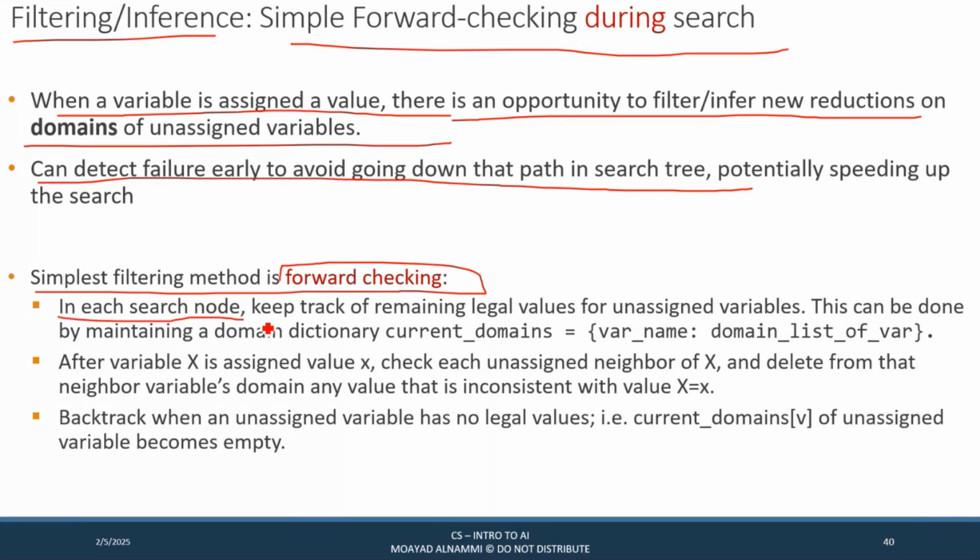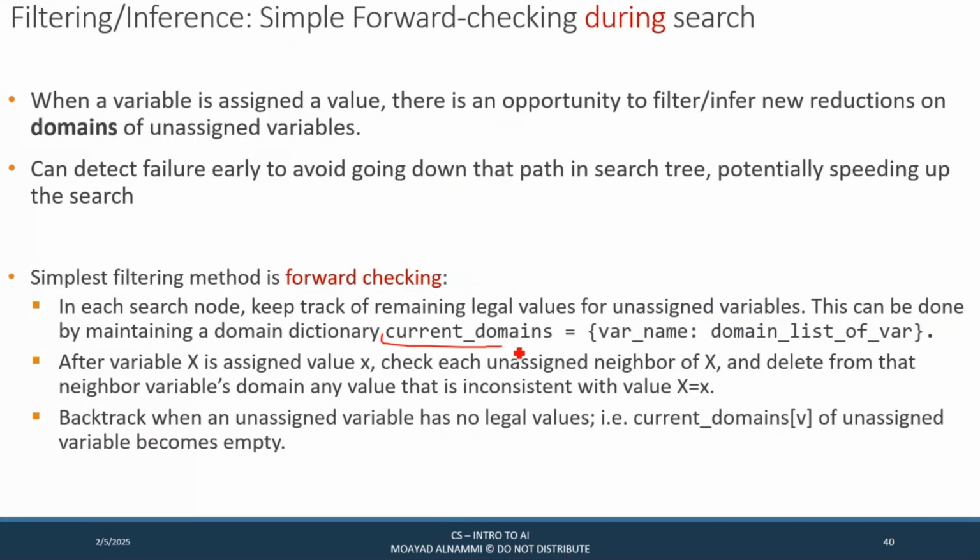In each search node, we're going to keep track of the remaining legal values for unassigned variables. In other words, we're going to keep track of the domains in the current search node. This can be done by maintaining a domain dictionary inside our search node.